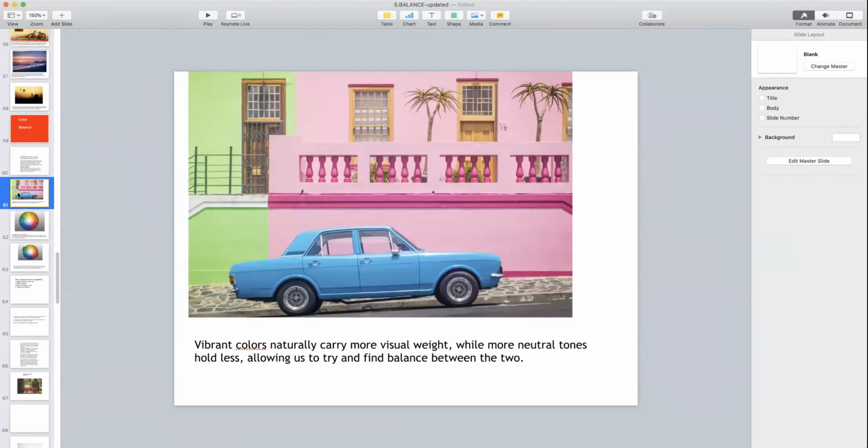Now look at this image. It's a very interesting photograph in terms of the color. So vibrant color naturally carries more visual weight, while more neutral tones hold less, allowing us to try and find balance between the two.